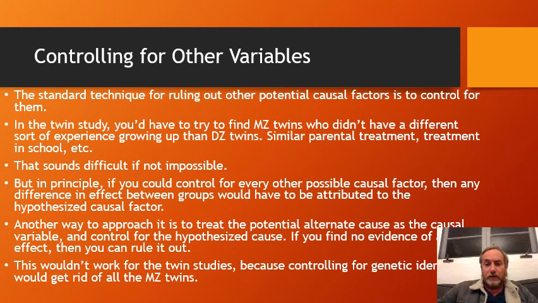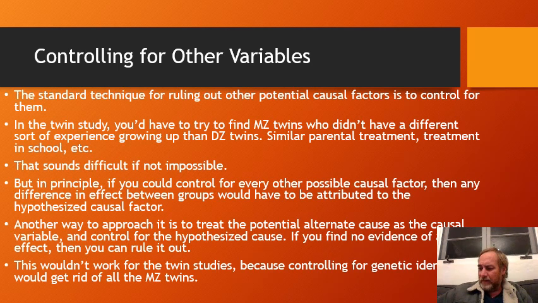To control for that particular issue of having an identical person walking around, that's very difficult to control for. You'd have to somehow find monozygotic twins that, as a result of looking identical, didn't have any different experience growing up. Similar parental treatment, similar treatment in school, and so on. How do you do that?